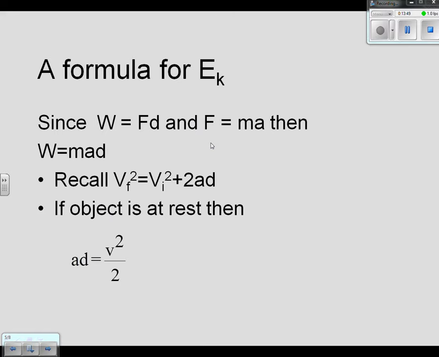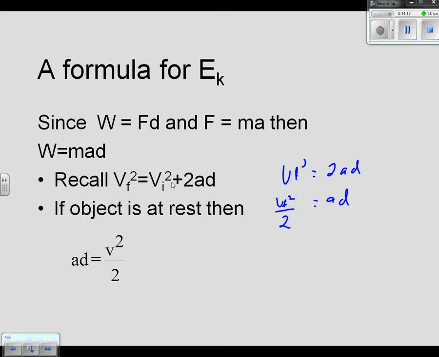Okay. So W is FD, F equals MA, so MA goes in for F, and we get work done is MAD, right? And then this one here: I'm going to get Vf squared is equal to, if the initial velocity is 0, Vf squared is 2AD. AD then is V squared over 2.